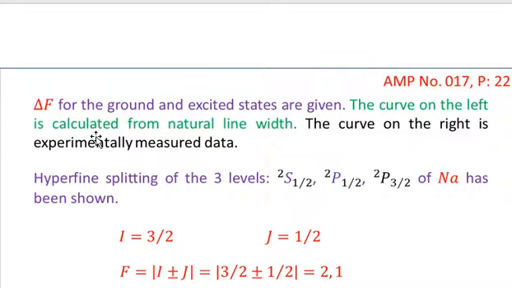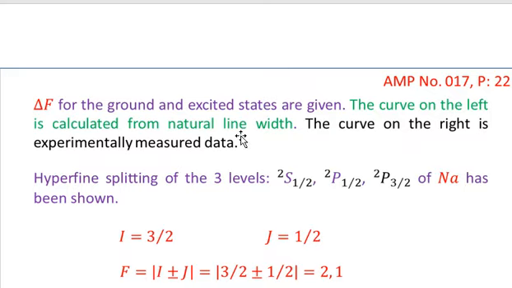Delta F for the ground state and for the excited states are given. The curve on the left hand side is calculated from the natural line width, and the curve on the right hand side is the experimentally measured data.